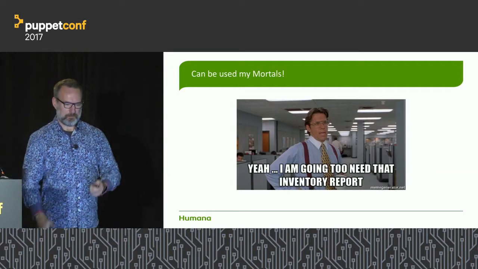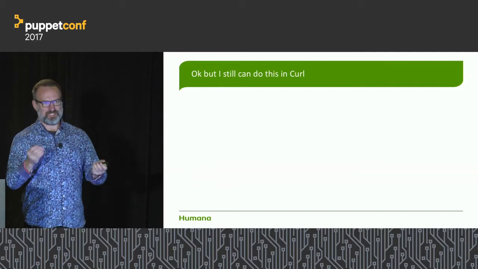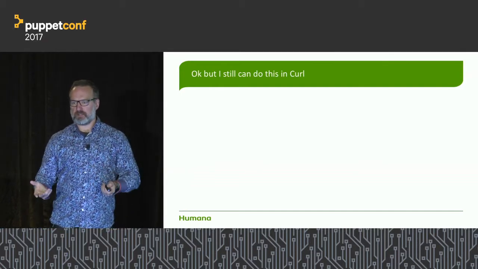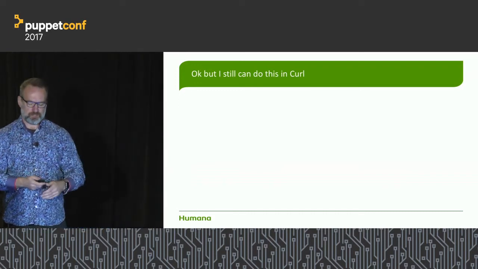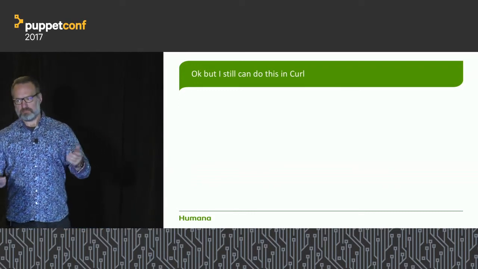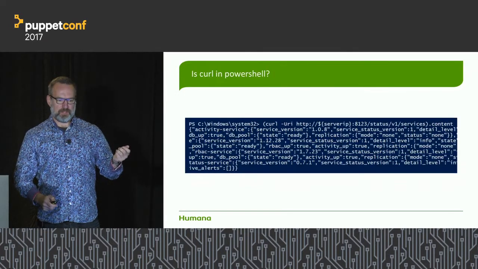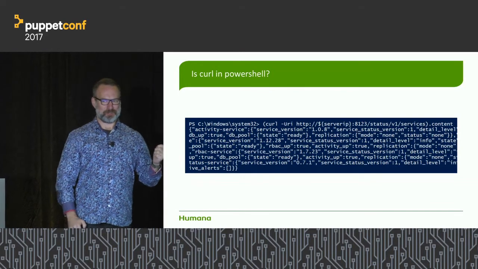Okay, so one thing that people always like to say, at least some people I've talked to, is, well, this is great, but I really can still do all these things in curl. All this REST API stuff, all these things using simple HTTP calls, I can do it in curl. And you really can. And some people also think, is curl in PowerShell? Well, yes, sort of.